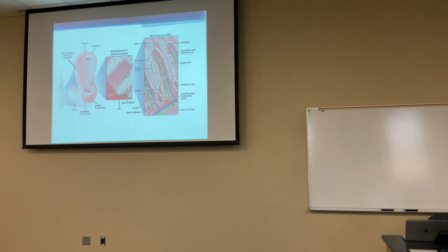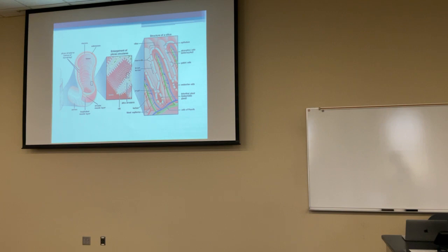Also notice, this is a large view over here on the right of the villi, showing the columnar cells that have the microvilli. Microvilli are hard to see because they're so small. But notice that right in the middle of each villus, you can see three things.